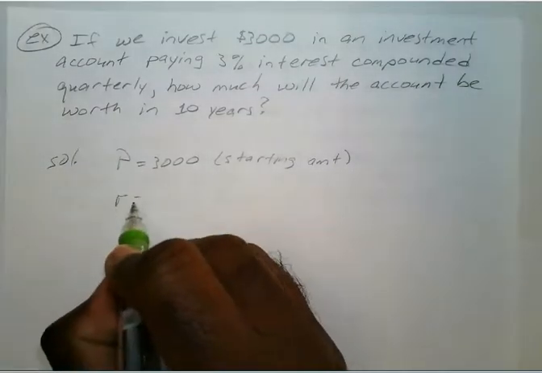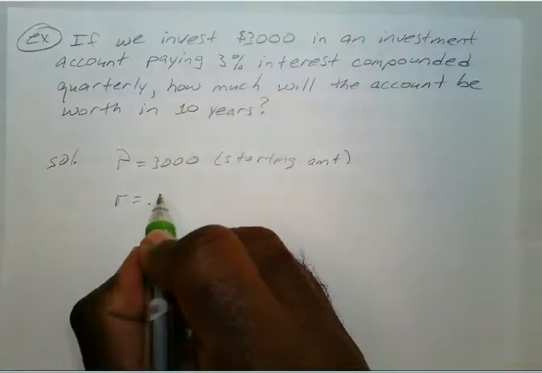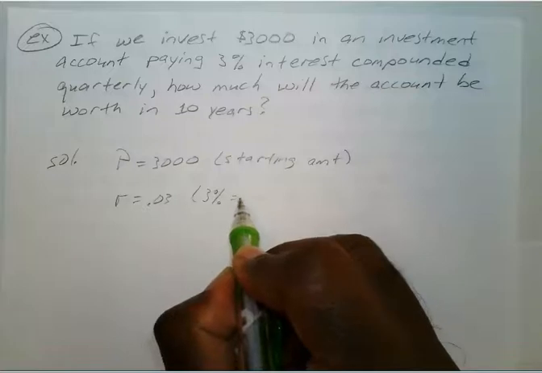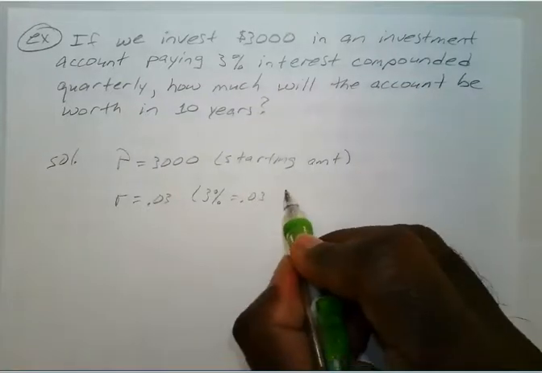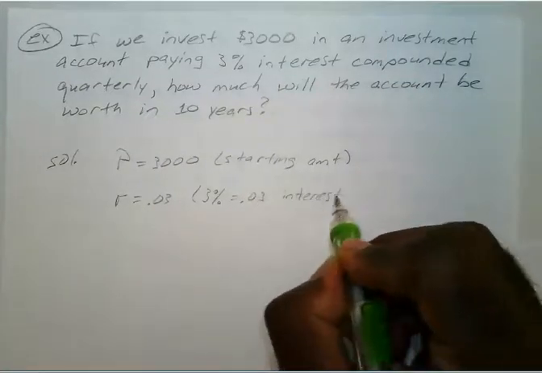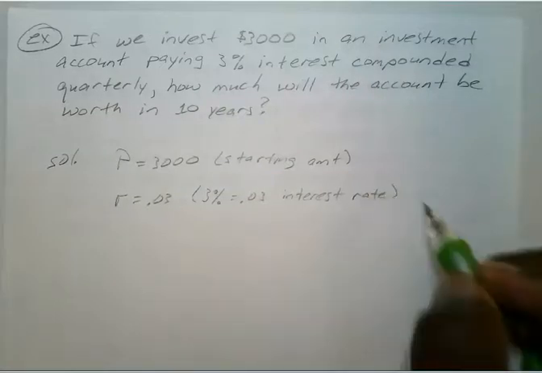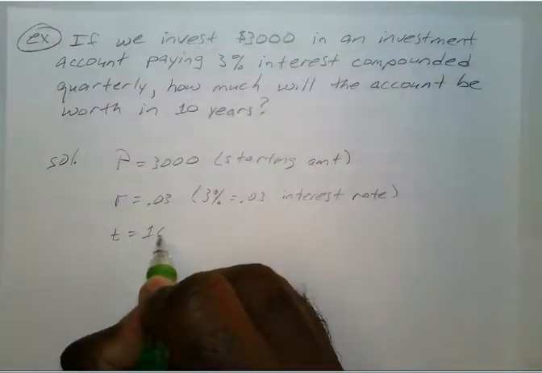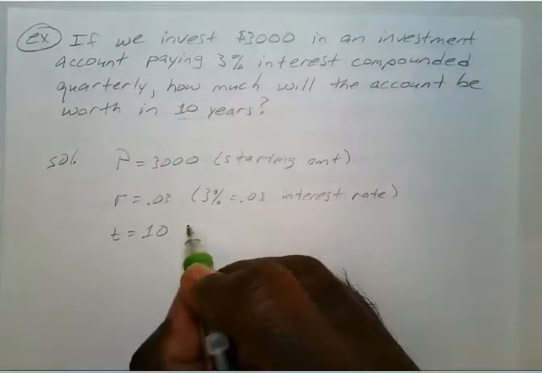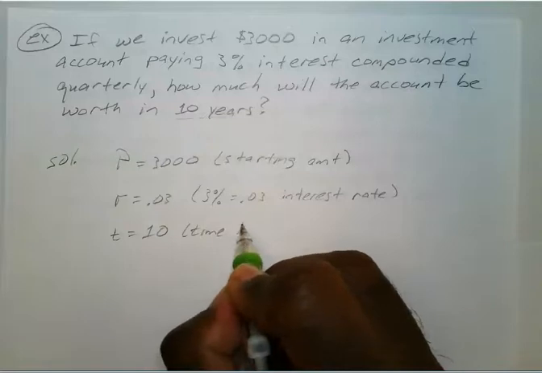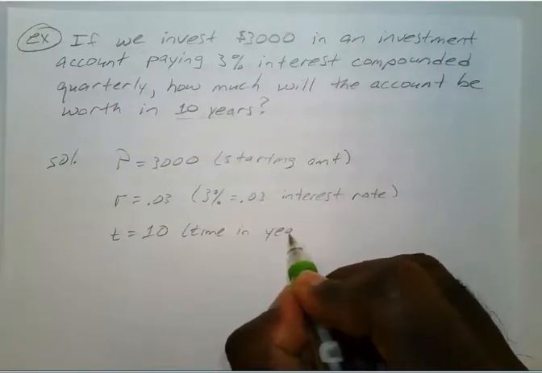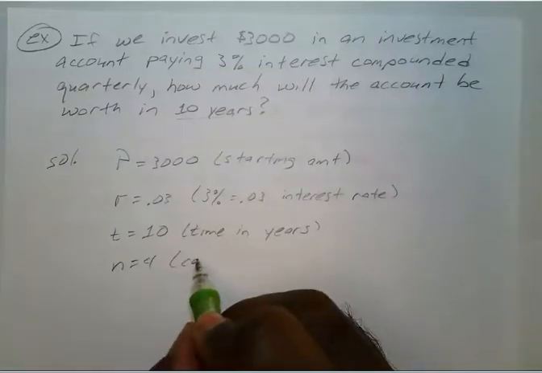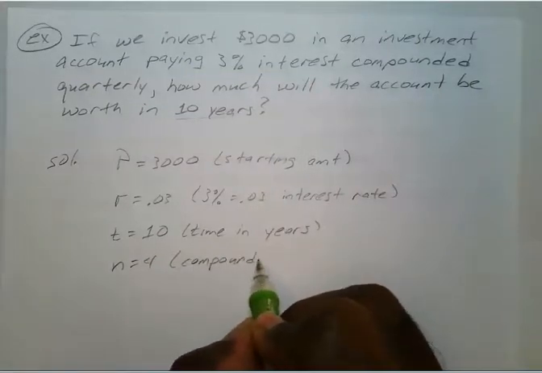Our interest rate, which is 3%, will be 0.03, because remember 3% is 0.03. Our T will equal 10, which is our time in years. And our N will equal 4 because it's compounded quarterly.